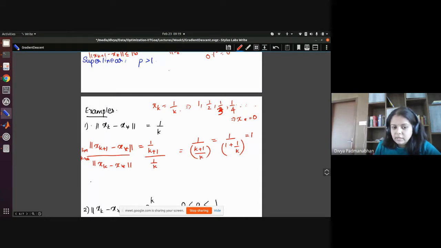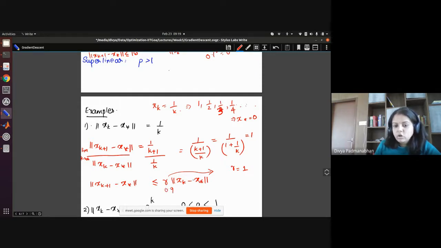So if you compare these two steps, ||x_{k+1} - x*|| is always going to be less than ||x_k - x*||. But this gamma is equal to 1 itself, so you can't put any number less than that.